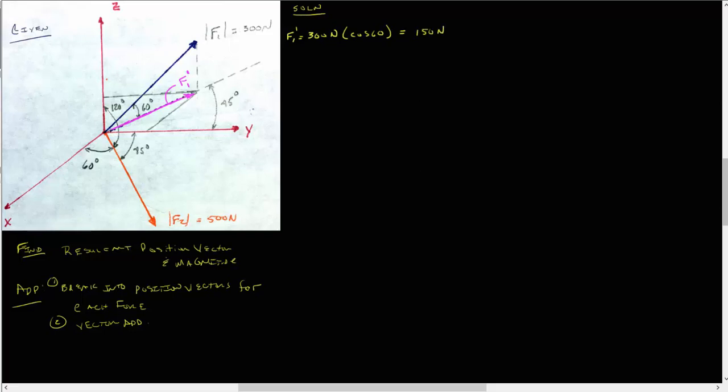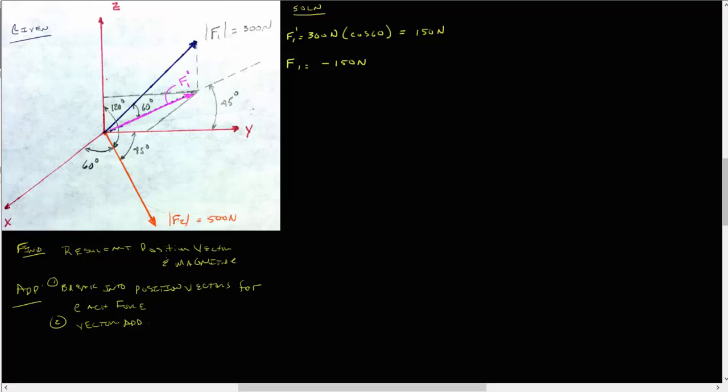Then I can come in and find my x, y, and z for that force, for the magnitude of force 1. So F1 is going to be equal to negative 150 newtons, using this here, and this is in the x direction. And since I'm denoting this as positive x going here, going back this way would be a negative.